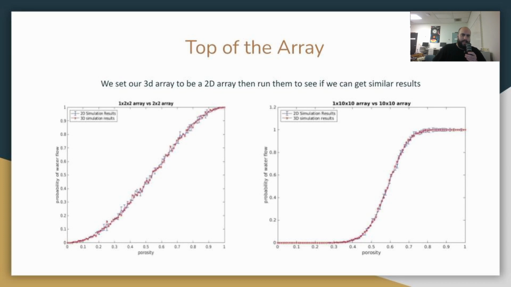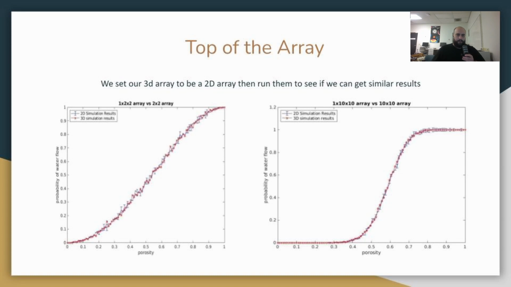So once I had that going, I then had to test if this 3D model and its flow was actually correct and if it actually worked. One of the tests I did was shrinking it back down to a 2D graph and running the simulations against the 2D code that I knew worked.